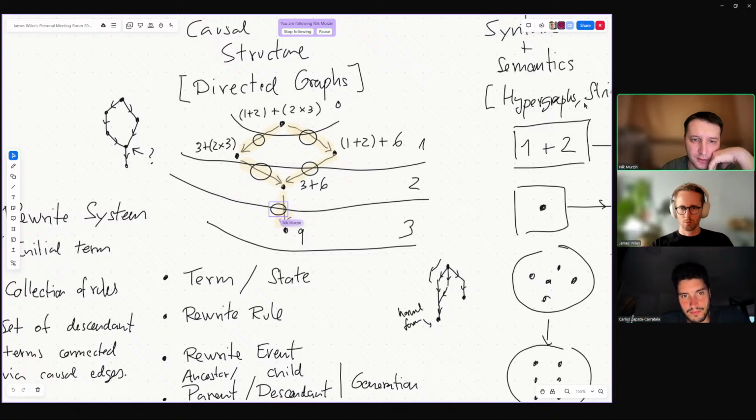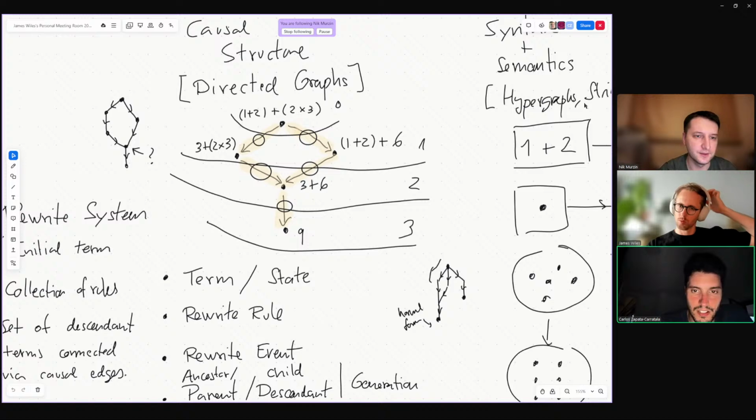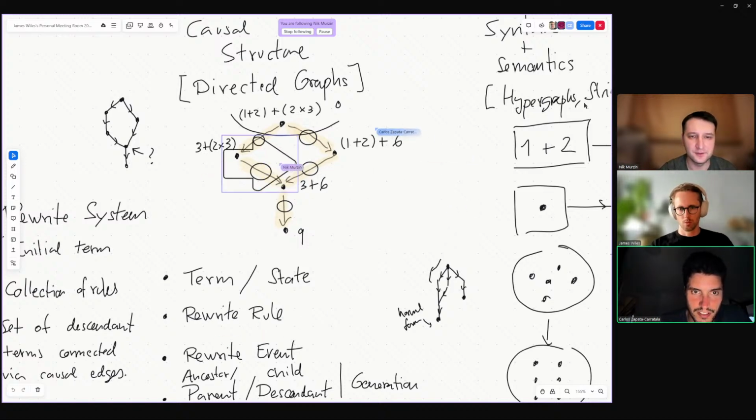But there's also, maybe the example might be too simple, but it's fine. Maybe I'll erase the generations just for clarity. That's a big arrow.